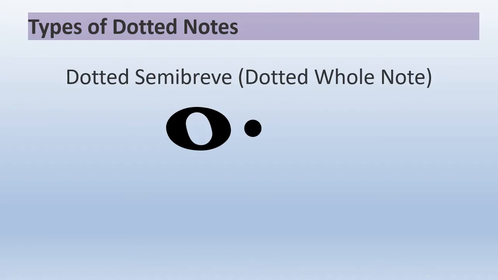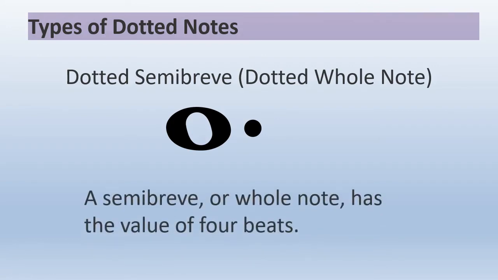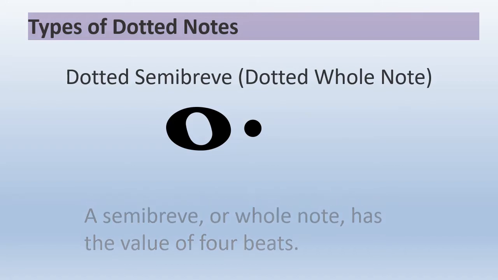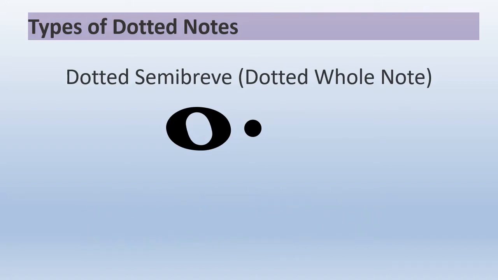It makes the note last longer by adding on half its value. Originally we know that the semibreve has how many beats? That is 4 beats. But when you make it a dotted semibreve, we extend its duration by half its value.